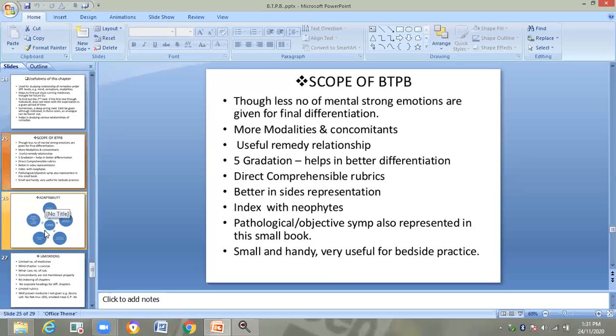As well as it is used to study the materia medica. As the repertory, we know this repertory, the BTPB, it is based on complete symptom and concomitants.